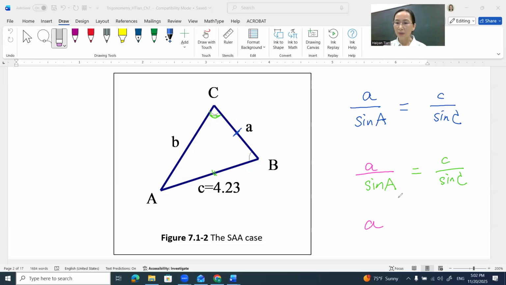So we can just solve for a. We multiply both sides by sine A, then a can be found.